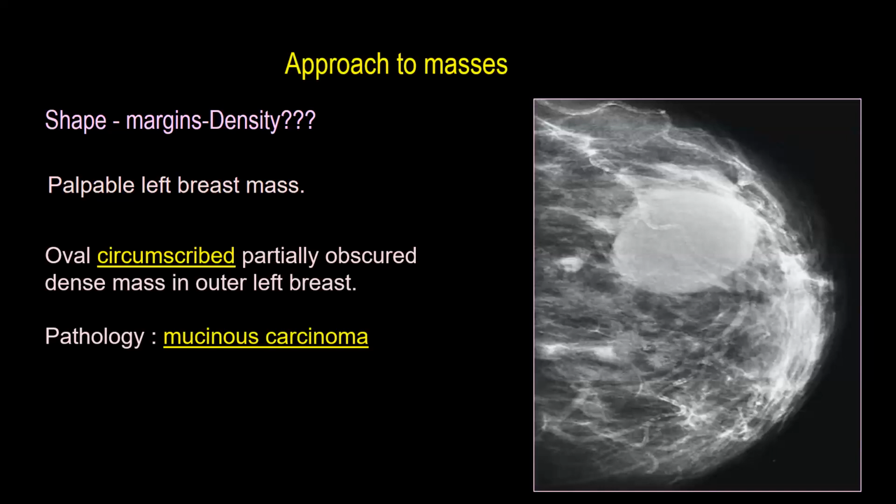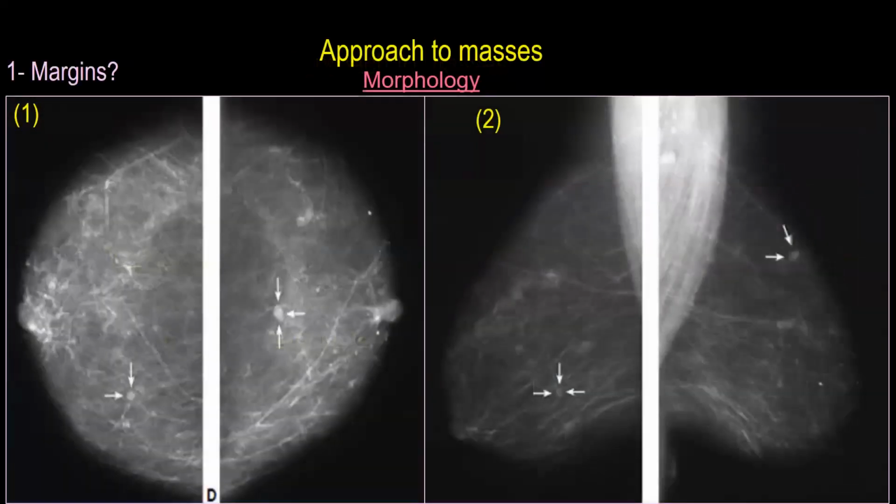Now these all are specified. The other specified is papillary, also in the group. And then the non-specified but high grade ductal carcinoma is also in the group. This is one way to remember the differential diagnosis for circumscribed malignant masses.